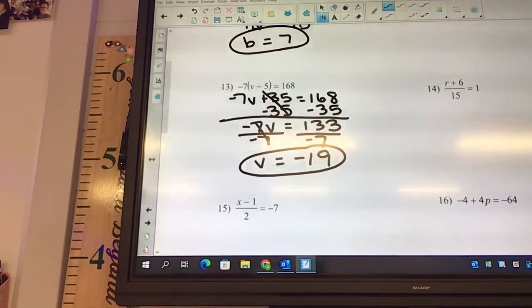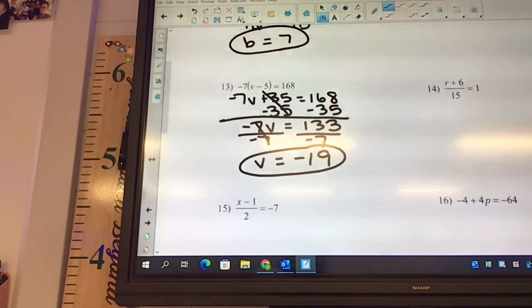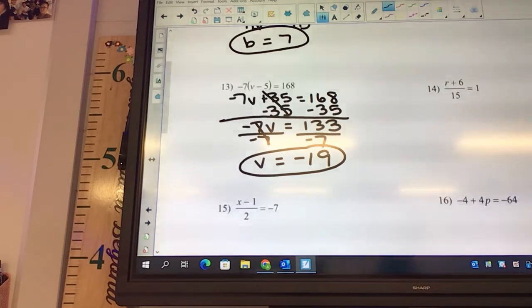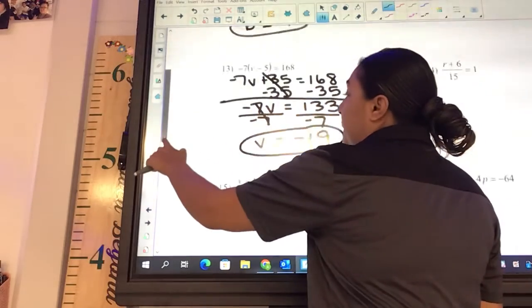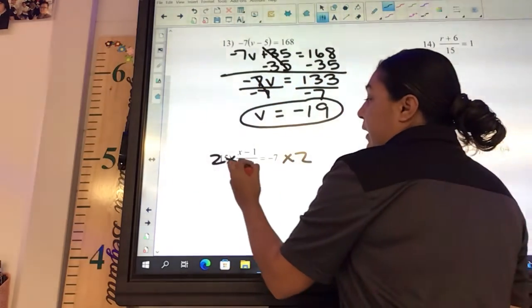15. x minus 1 over 2 equals negative 7. What needs done first? Multiply by 2. Why? Yeah, okay, if it's not in a straight line, then that means it has to get done first. Okay, so we're gonna times both sides by what? 2. 2, good. Okay, so those cancel.